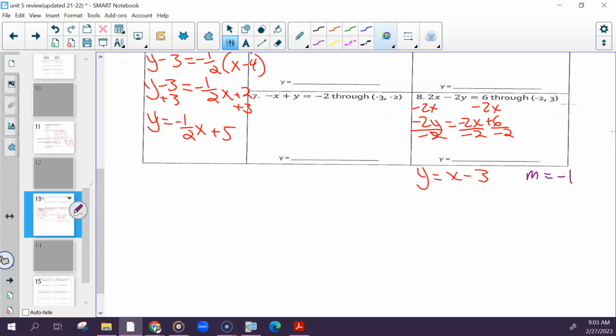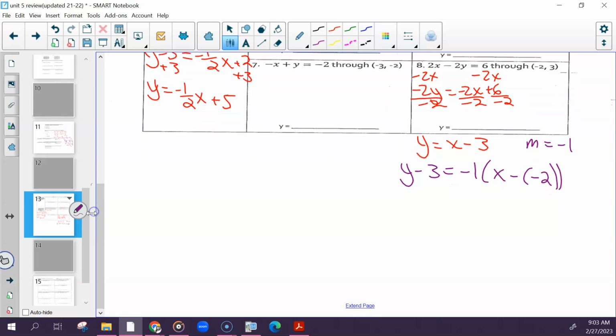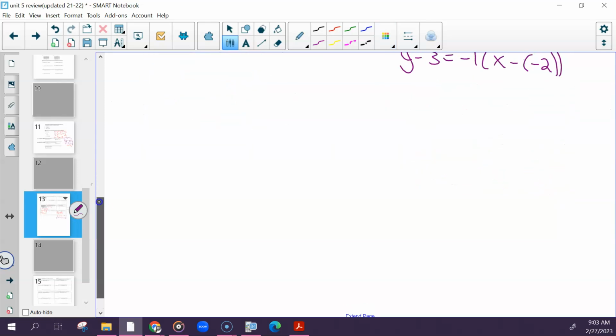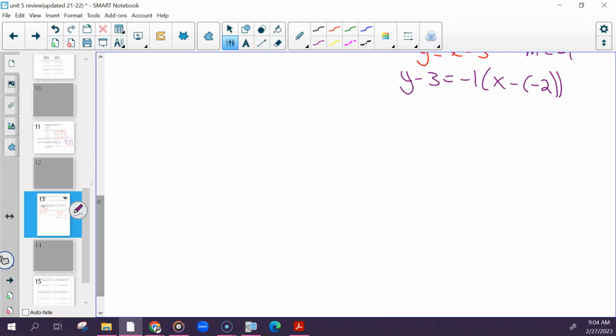So use that slope, that point, and your point slope. Be careful with your negatives. Change that to a plus, either now or in a separate step. Distribute.